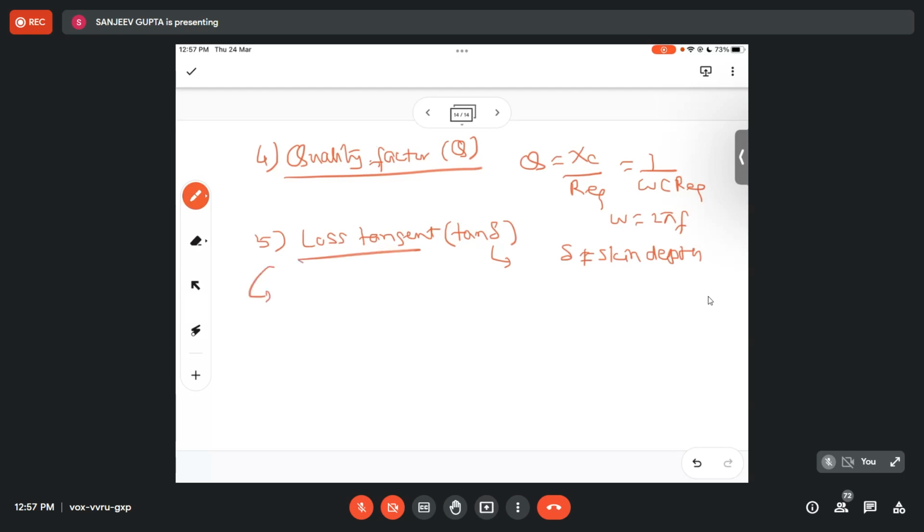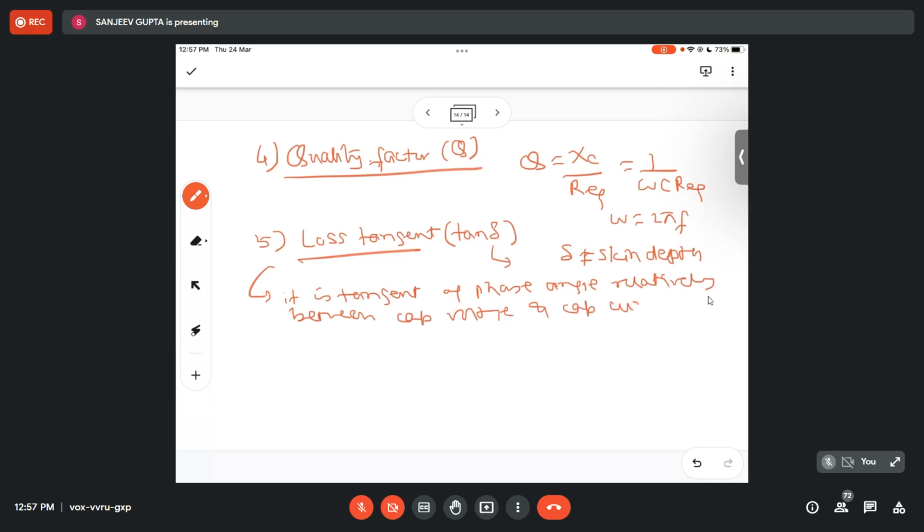It is the tangent of phase angle. This is a rare parameter, but we commonly use it at high frequencies when you design RF systems and so on. It is a tangent of phase angle, which I will just explain to you, relatively between the capacitor voltage and capacitor current.